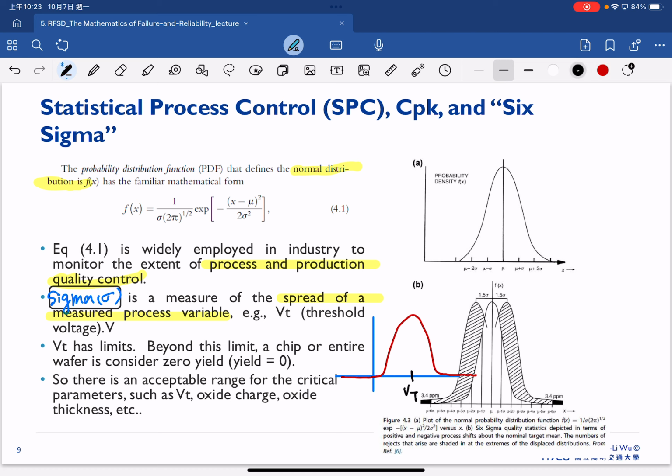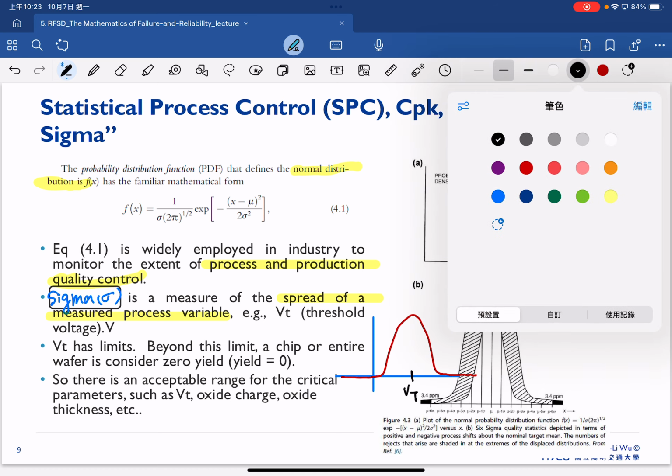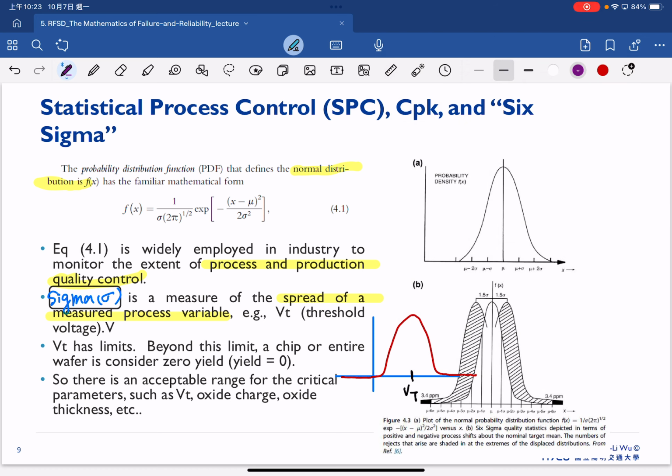For example, we define this as a boundary for a 10% decrease shift, and this is a 10% increase shift. So beyond this range, we consider that the yield is equal to 0.